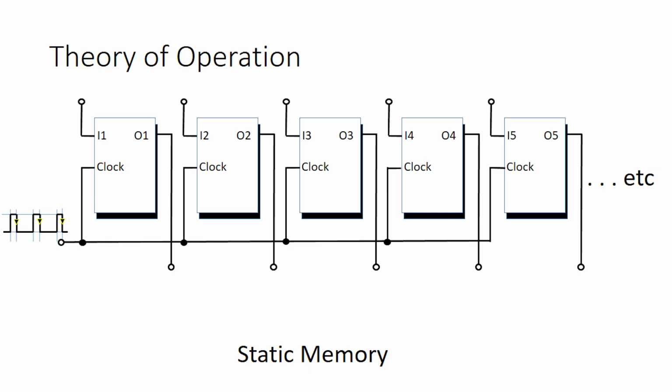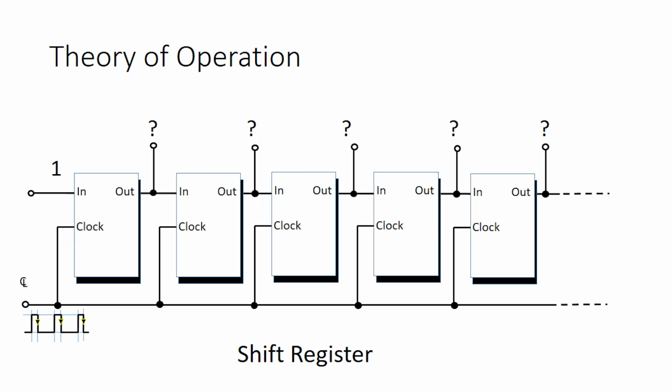But that's not the only way that you can use a D-type flip-flop. Here's a circuit that's got the same 5 flip-flops, but this time the output of number 1 is connected to the input of number 2, and the output of 2 is connected to the input of 3, and so on, all the way along. This is called a shift register.